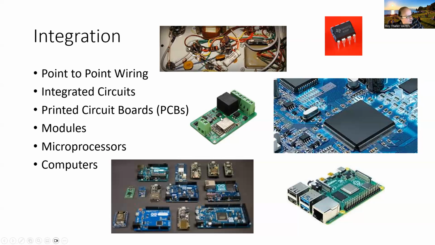These used to be through hole, where they actually had holes going through them. So this component here would have 8 holes, and you would have 8 holes on the board. Now with surface mount, you don't need holes anymore in the board. You just put them on top, and you have various layers of copper running back and forth.